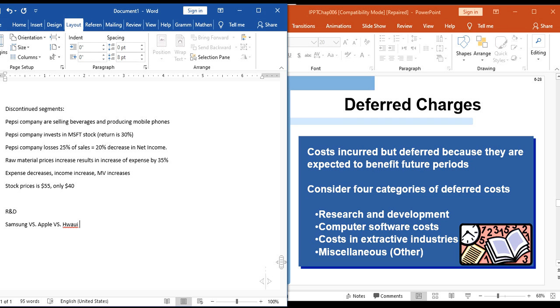But the thing is, whether this research and development can find something which benefits the company, brings money, extra profit, extra earning to the company in the future or not. It's a kind of not sure, but still the companies are doing that.